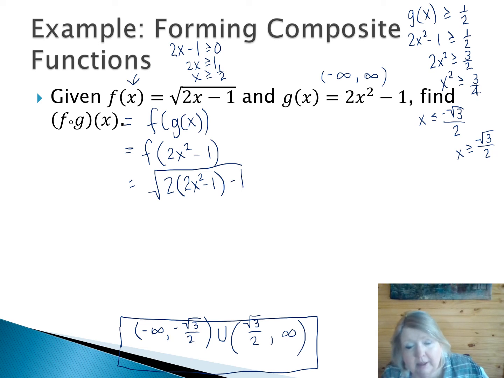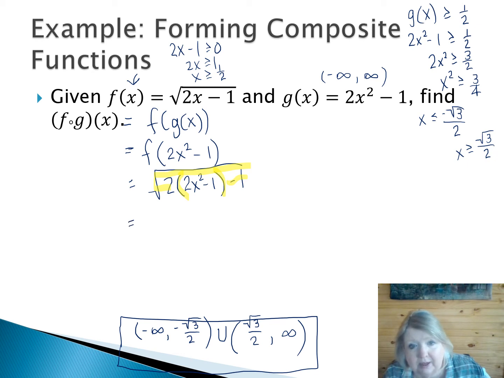So, very quickly again, here's the square root of 2 times whatever x is, and the 2x squared minus 1 there was my x.